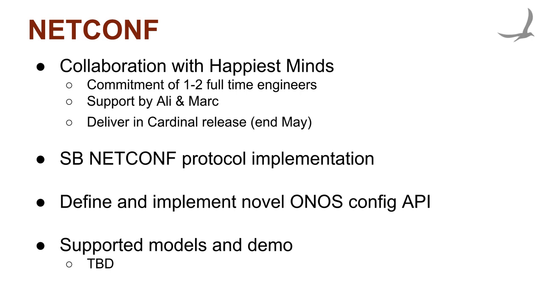The initial idea is just to do the protocol implementation, and while doing that, the largest creative component in this activity is that we get to design and implement a new ONOS config API. We have some ideas, but they're all fairly blurry right now, and we haven't nailed down any details.